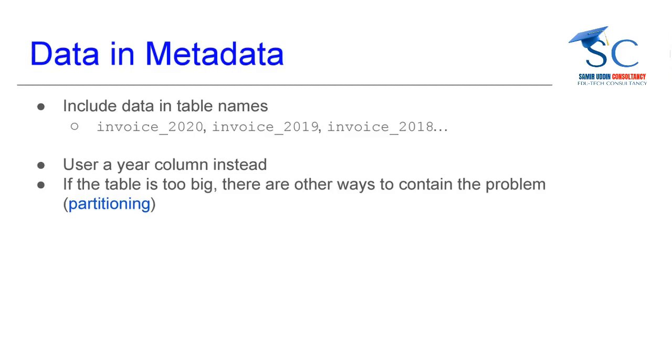Instead, if you have a single invoice table whose size is growing too much, well, you may look at other options, which basically depend on the database you're using, but the idea is always the same. You want to partition the table, but you do it in a way that is transparent for the application. If you are looking at this webinar, you probably are not a DBA, you are a developer, so talk to your DBA, they will hopefully know what to do.